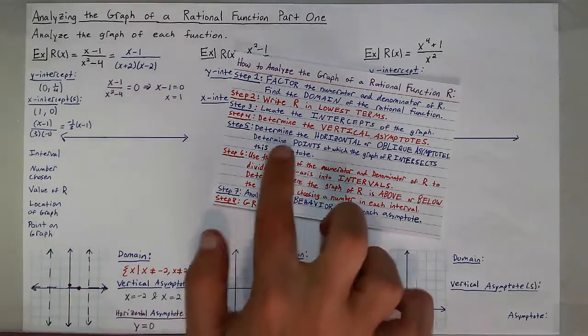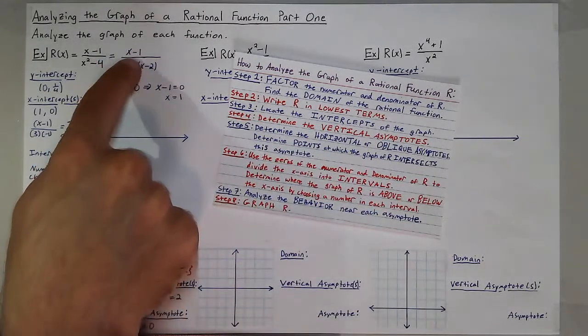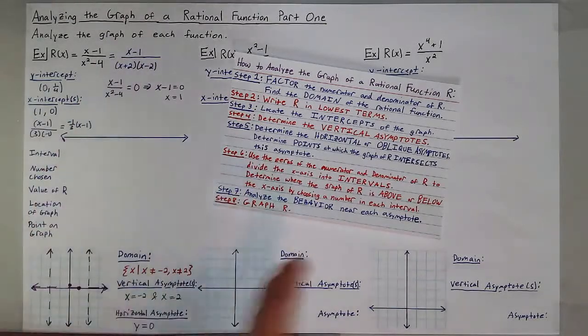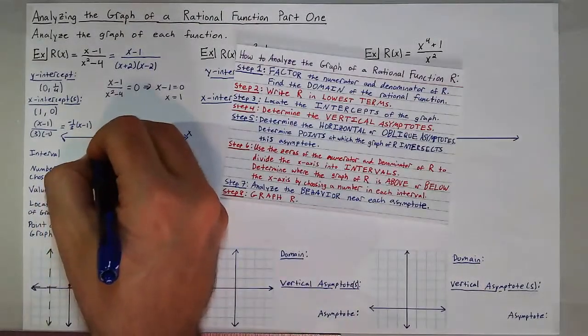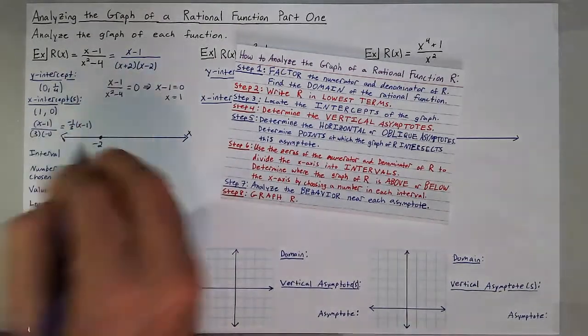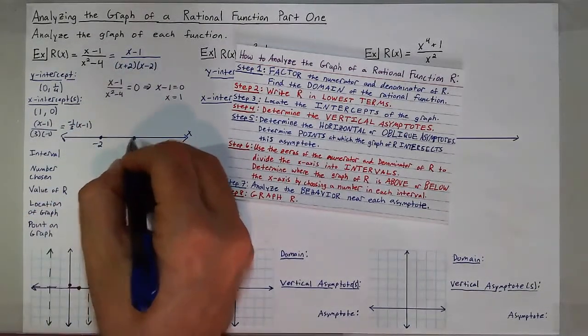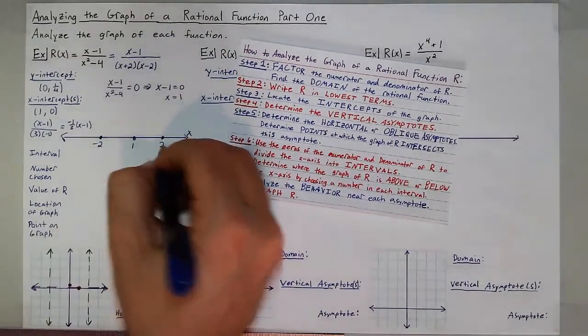Next up, once you've determined these spots, we'll use the zeros from the numerator and denominator to split up our x-axis into intervals. So if I think of this as my x-axis, I'll split up my interval at -2, which would be a 0 in my denominator, 1, which was a 0 in my numerator, and 2, which was a 0 in my denominator.